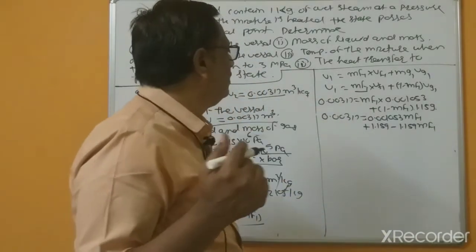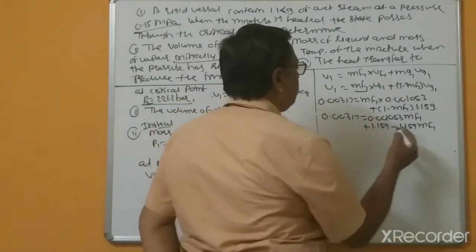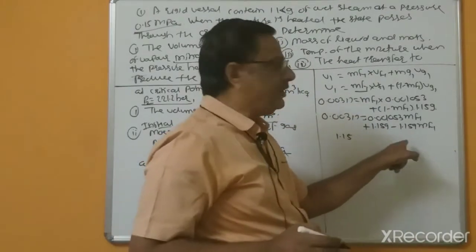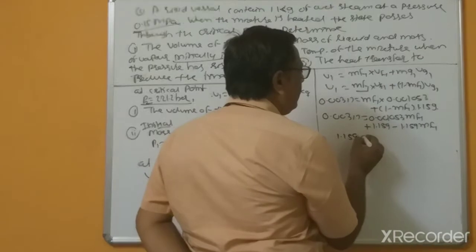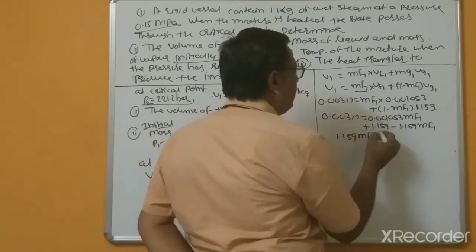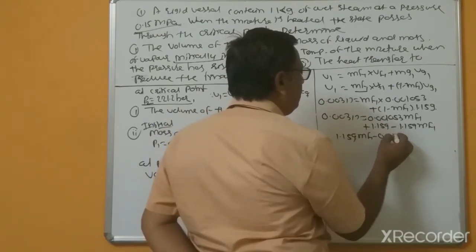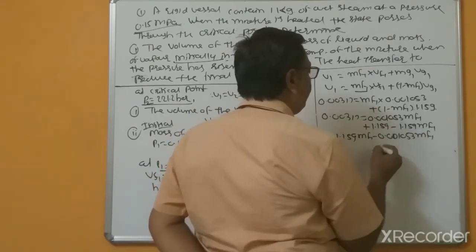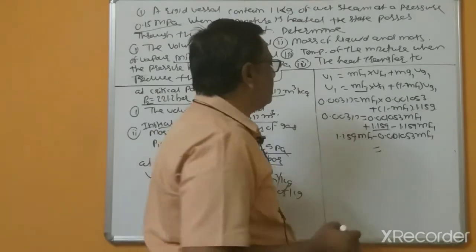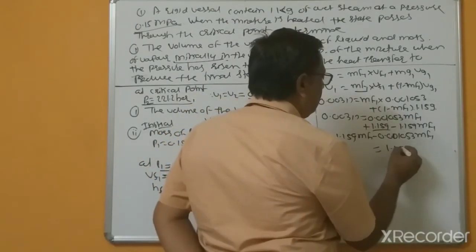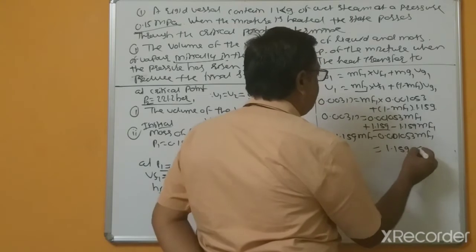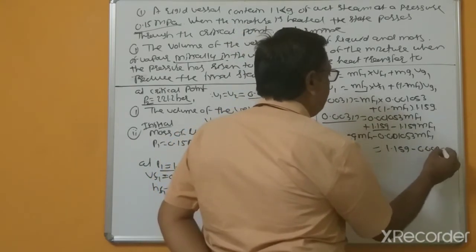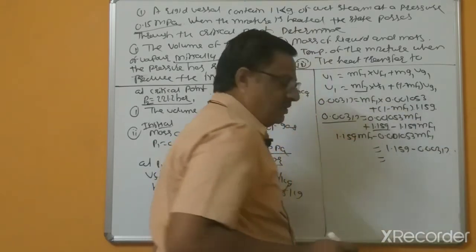Now equating like terms on one side, I am taking 1.159 MF1 on the left-hand side minus 0.001053 MF1, and the larger terms I am keeping on the right-hand side, minus 0.0317.